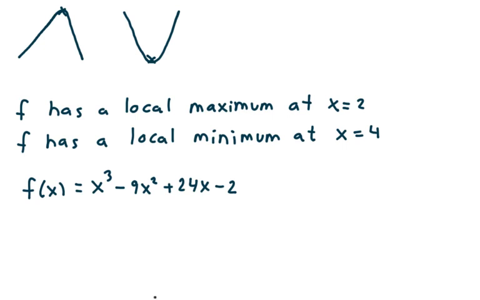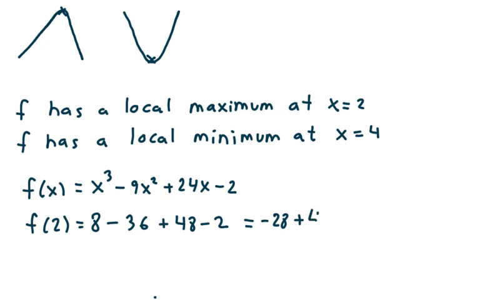Now, f of 2 is 8 minus 36 plus 48 minus 2. And that's equal to negative 28 plus 48 minus 2, which is 18.